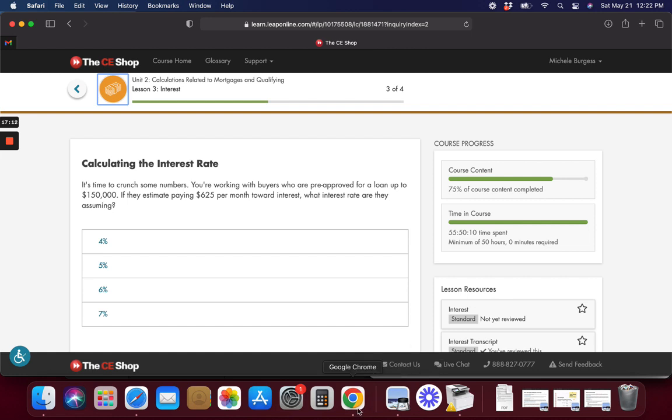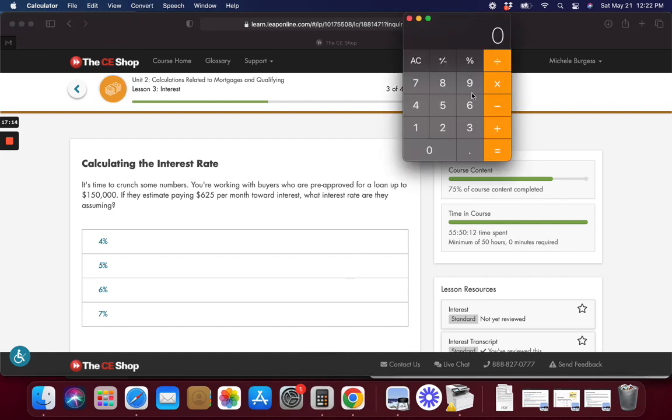So I believe we take 150 divided by 625. Let's see. Oops, it's not 6.25. $150 divided by 625.